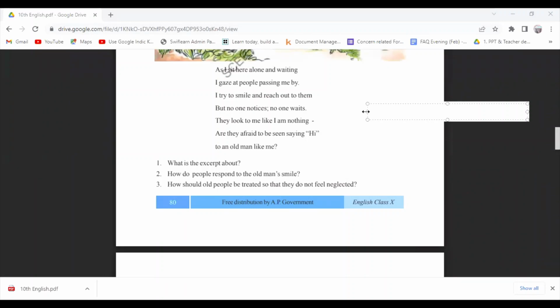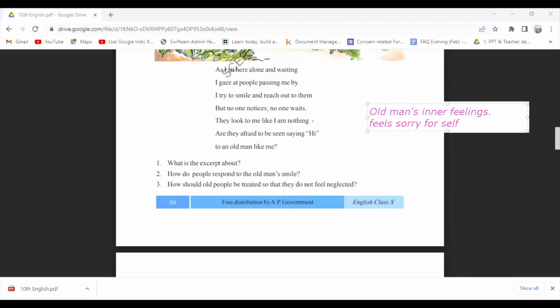The excerpt is about what? Old man's inner feelings. The feelings of the old man. And the next thing you see is what he is doing: he feels sorry for himself. He's not feeling sorry for others.